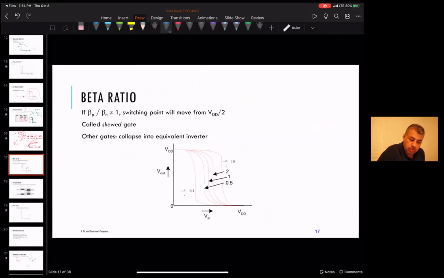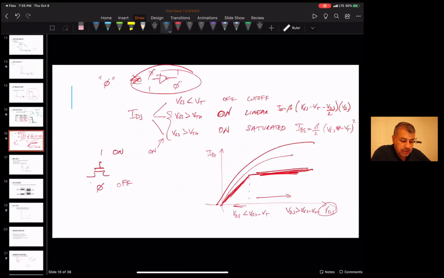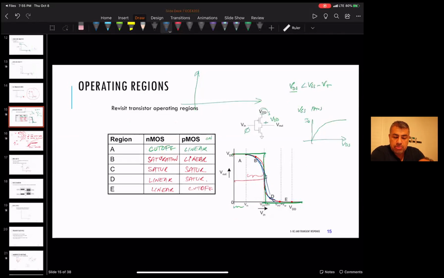So again, you can size these different things. And if you notice, by sizing things differently, so this is assuming that we started with the assumption that beta of the N is equal to beta of P, or the width of the P transistor is twice the width of the N transistor.